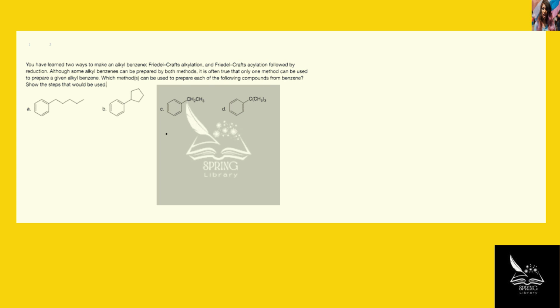So here we are doing the Friedel-Crafts reaction, alkylation, and there are two methods. Out of that, we have to select one which is most suitable for the product formation. So in case of A, this alkyl group is a long carbon chain.